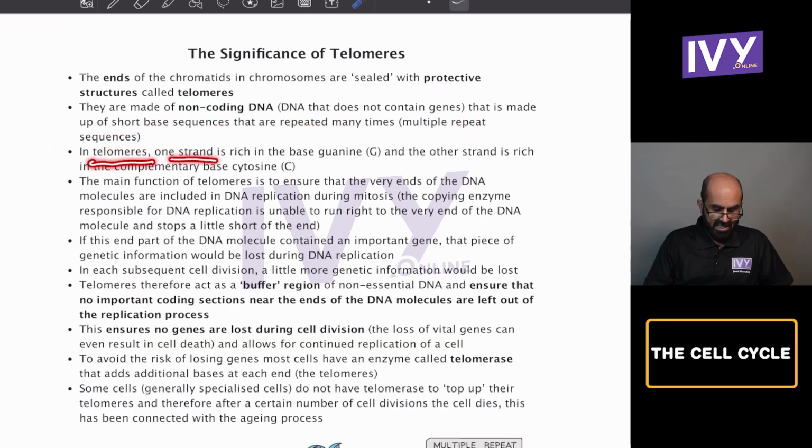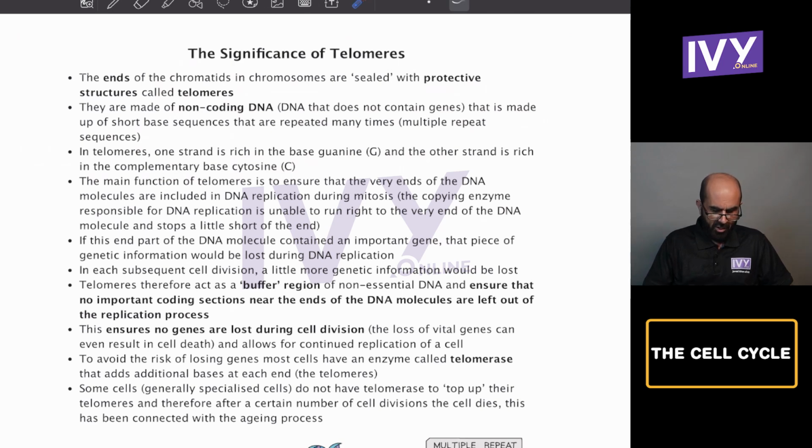In telomeres, one strand is rich in the base guanine and the other strand is rich in the complementary base cytosine. So at one end of the DNA we have one telomere, and on the other end of the DNA we have the other telomere. So one DNA molecule carries two telomeres, one on each end.